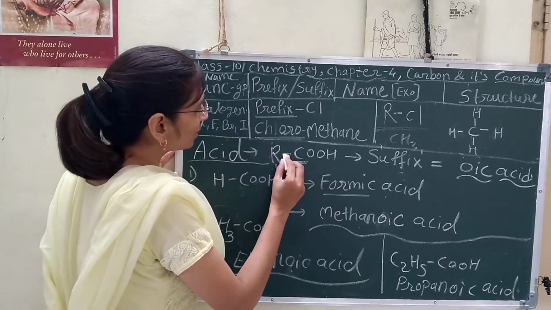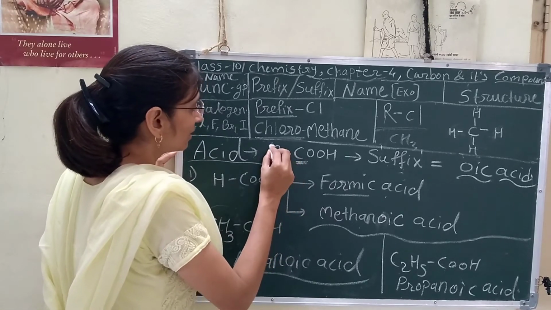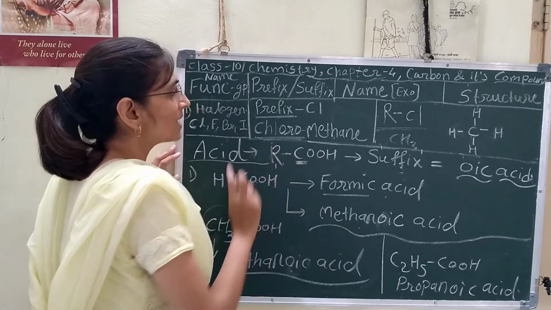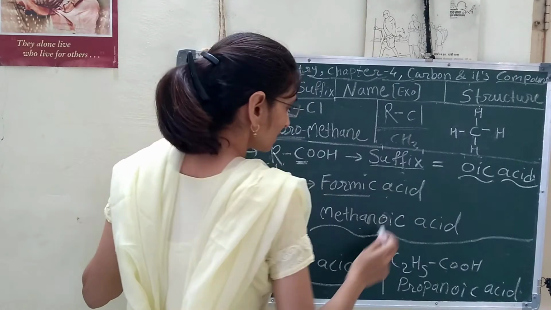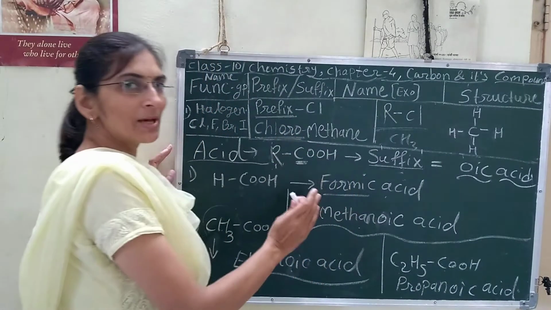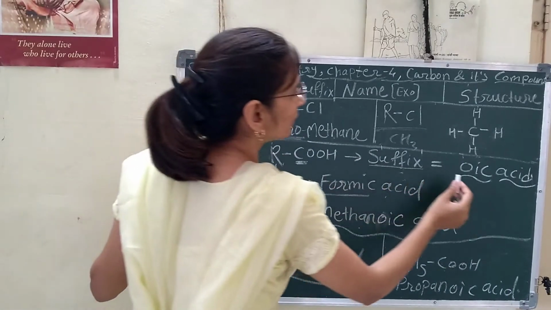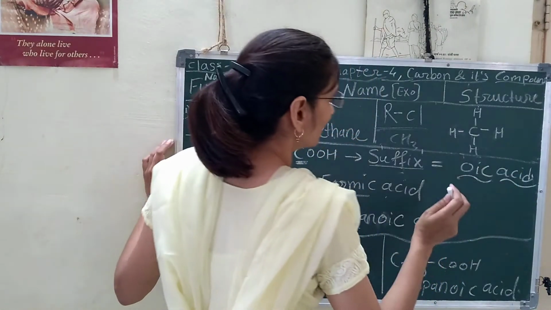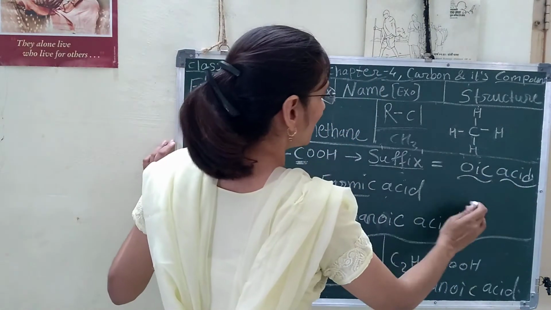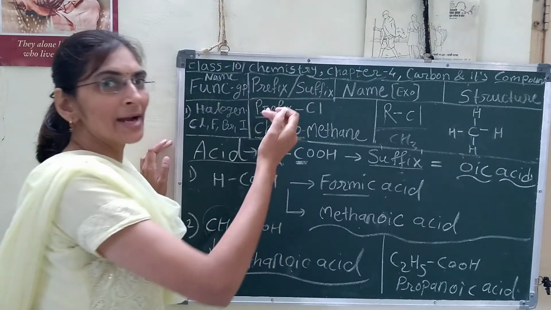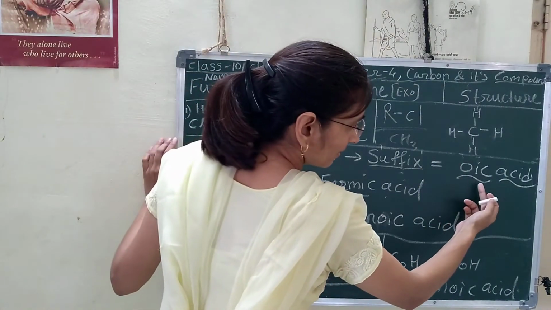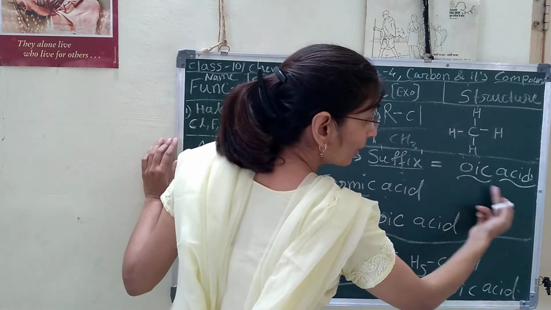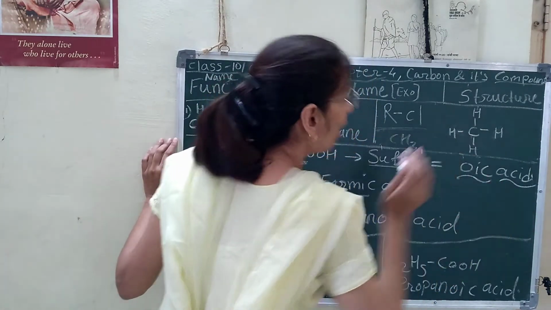And we have to attach it with an R group. Here the suffix must be there, and that suffix will be OIC acid. So instead of E, as in aldehyde, ketone and alcohol, here we have to write OIC acid. That is the long suffix.